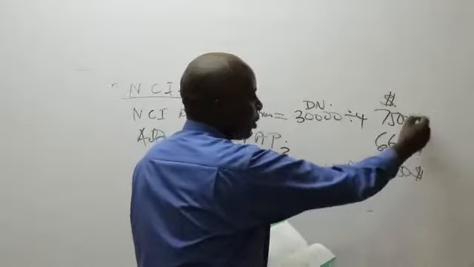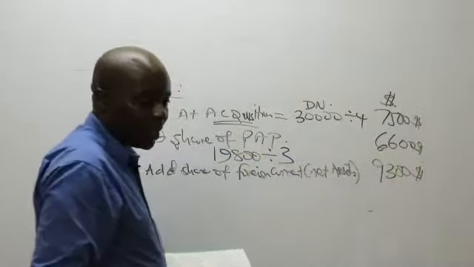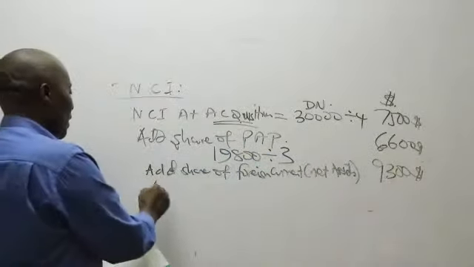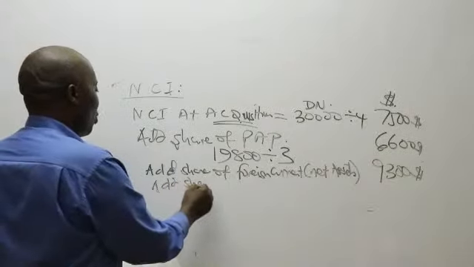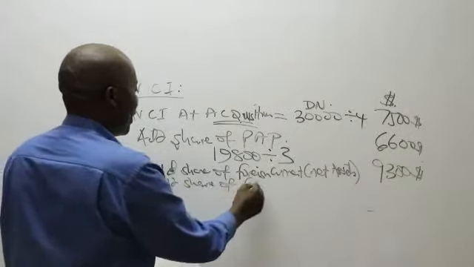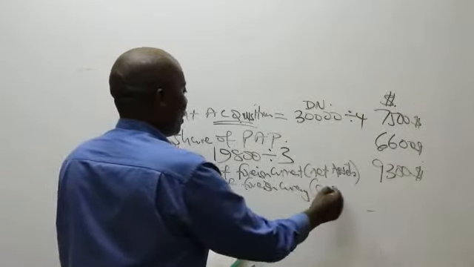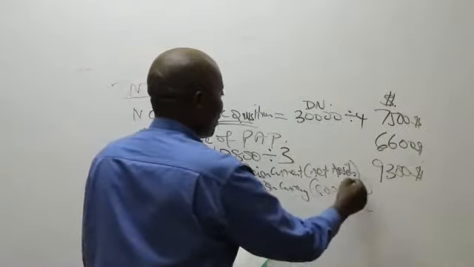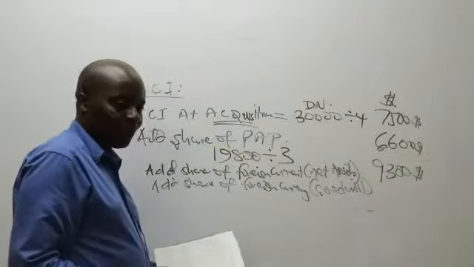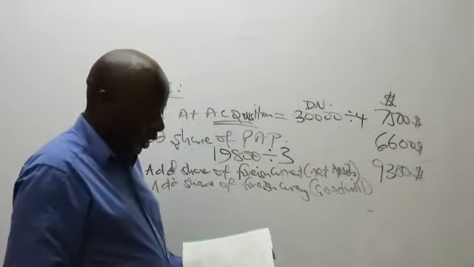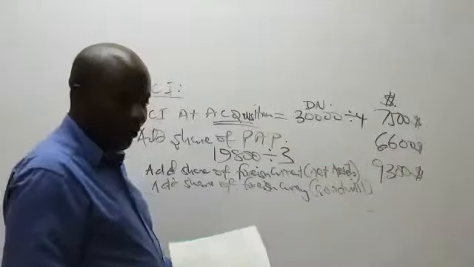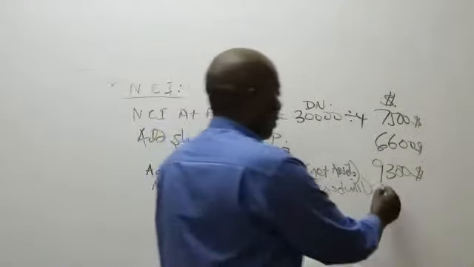These are supposed to be dollars, all of them. And lastly, add share of foreign currency goodwill. How much? 15,500.